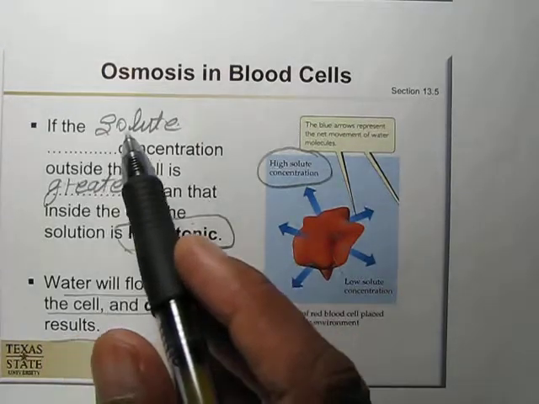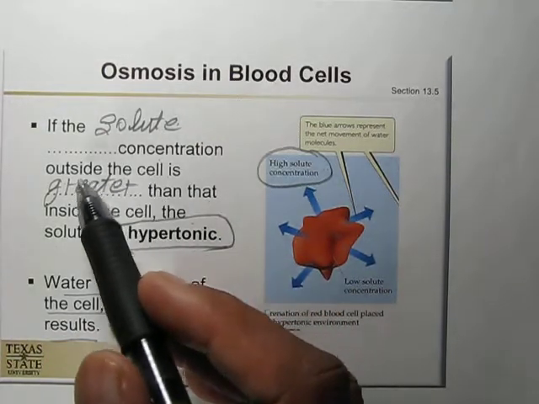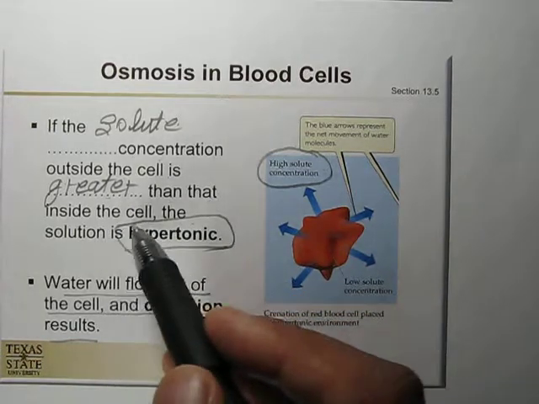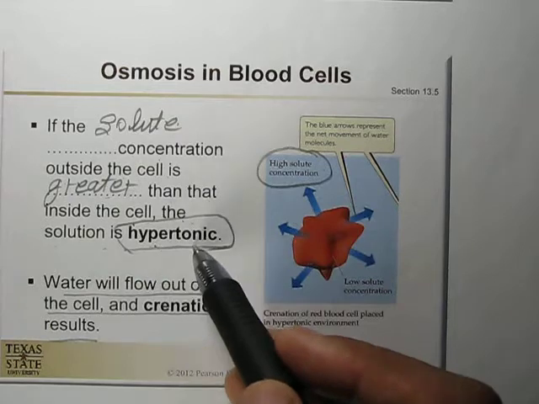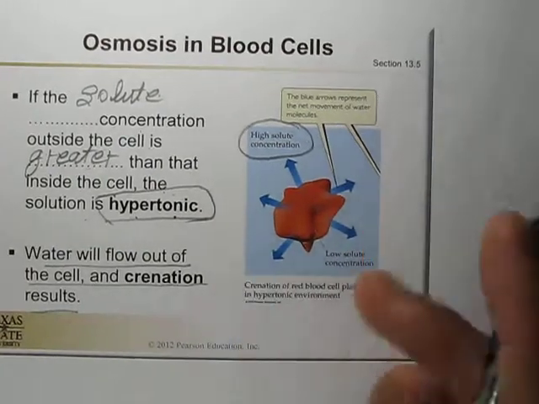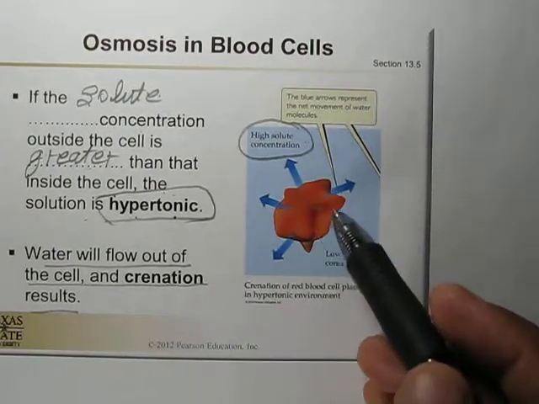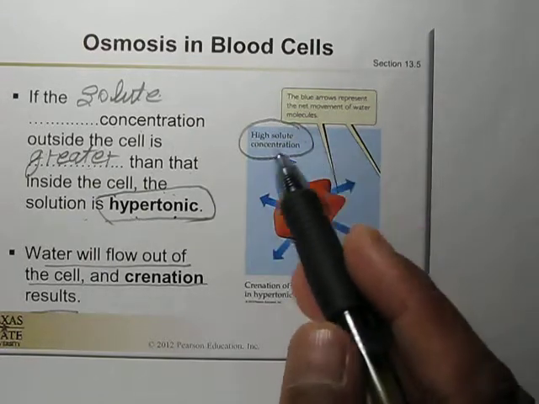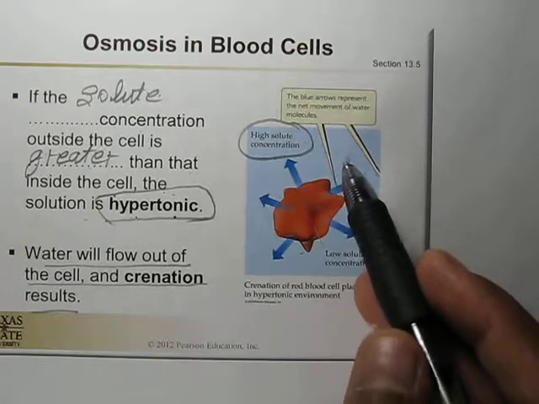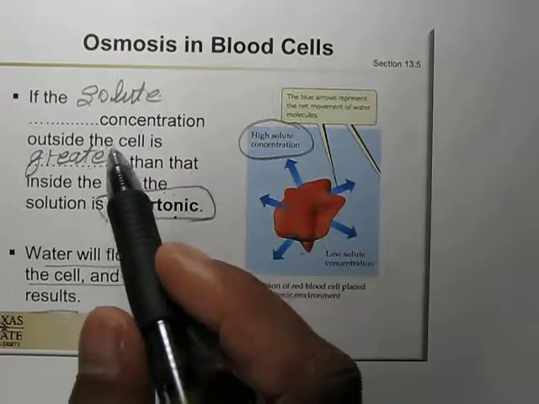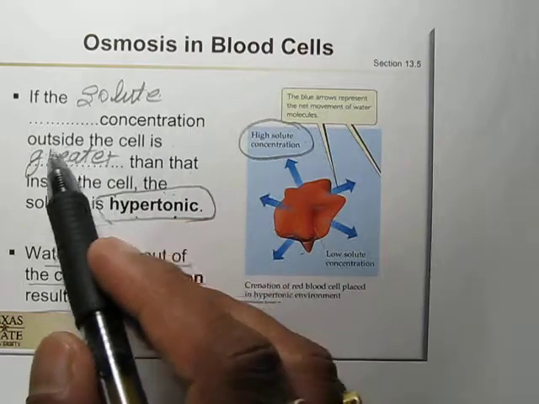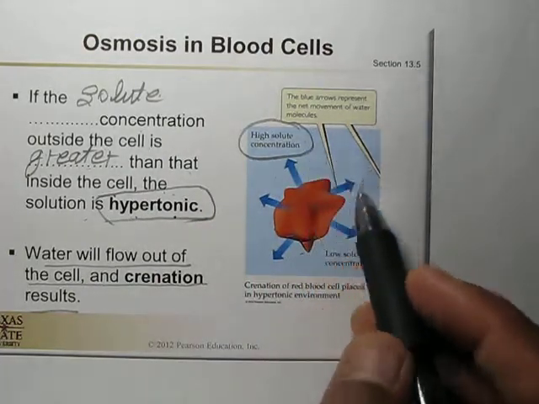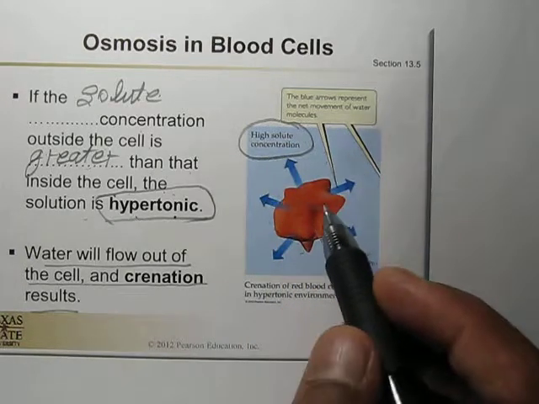If the solute concentration outside the cell is greater than inside the cell, the solution is called hypertonic, right? Suppose you place blood cells in some kind of solution, and the outside solution is more concentrated. So what will happen?